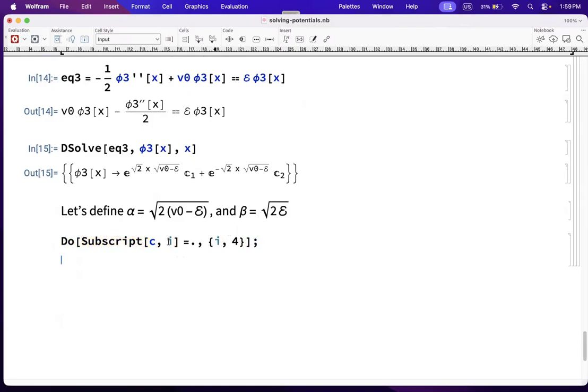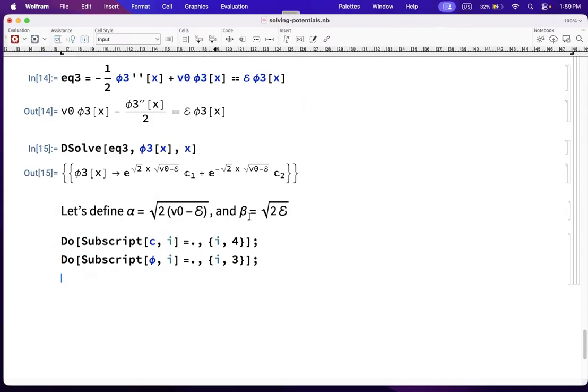So the same for this. Now we have 3 wave functions, so we will do a subscript, and instead of C it will be phi sub A, equal to, i comma 3. Why? Because we have 3 auxiliary waveforms.